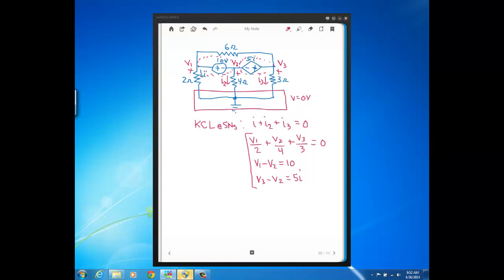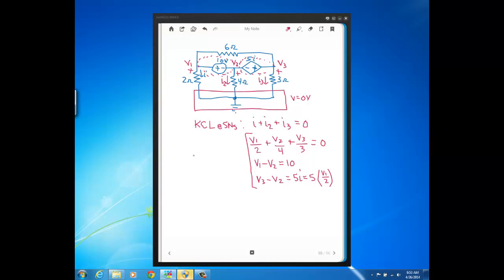And I can write that current through the 2 ohm resistor in terms of a node voltage, namely V1, by using Ohm's law. So we just plug in I, which is V1 over 2, right? That's what we did over here. I is V1 over 2. So now here's our simultaneous equations to solve. Okay, 3 equations, 3 unknowns.